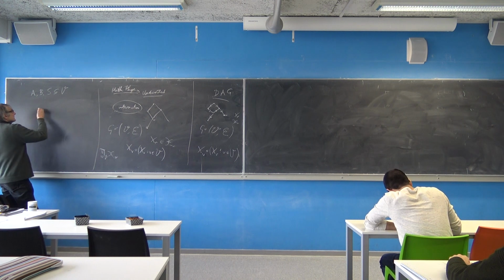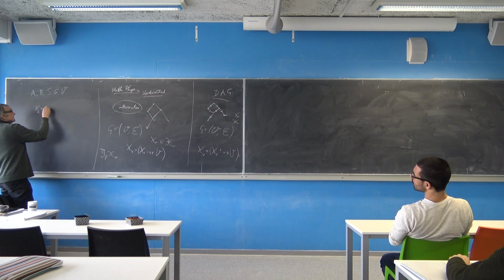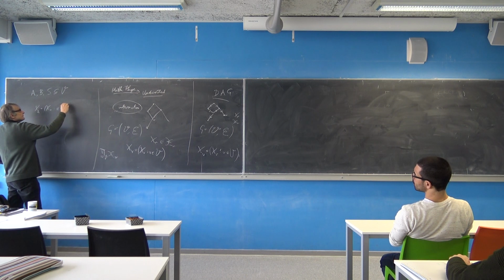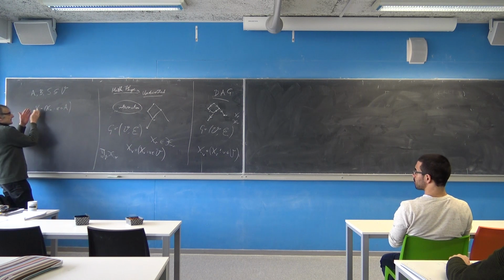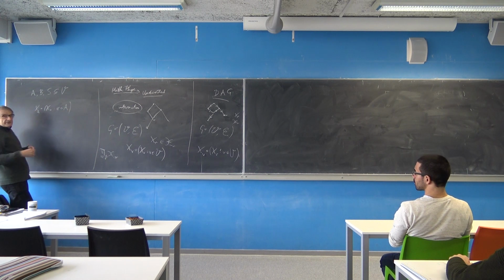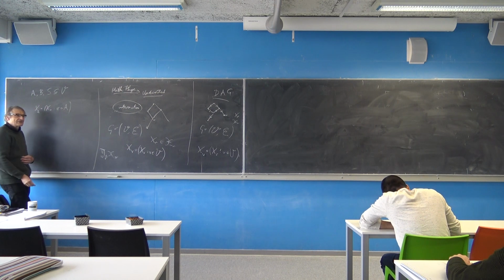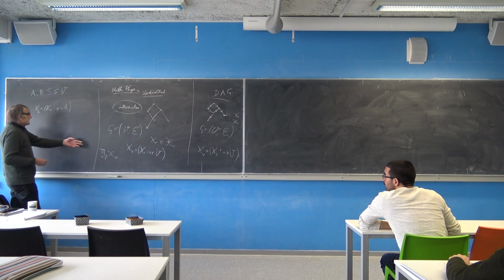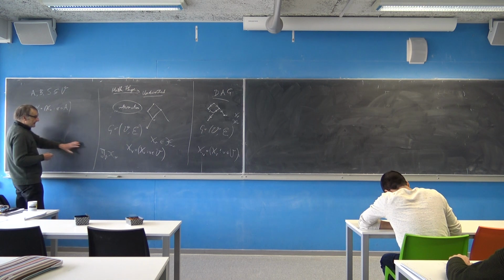And then I'm going to write things like x subscript A for the bunch of variables with vertices in A. Think of this as a random vector, where we remember it's not just a list of numbers, but a list of numbers associated to particular vertices, so we know which one is which. So we could also write that as a product of E and A. It's a random vector taking values in this product space.